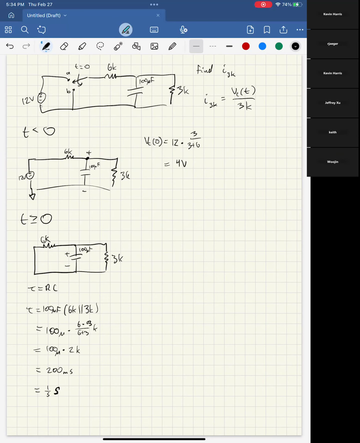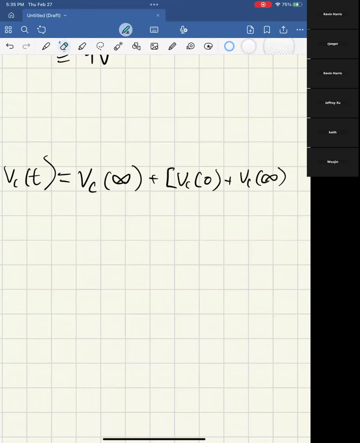And then we plug that into our equation for VC of t. This part's kind of optional, but you can say that VC of infinity equals 0. Then if you plug that into our equation, I keep writing a plus there instead of a minus. Forgive me.